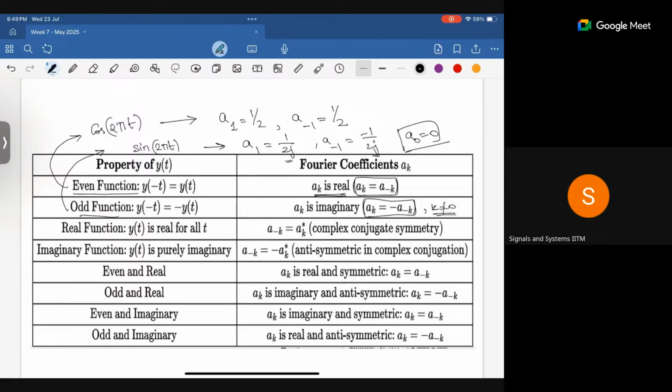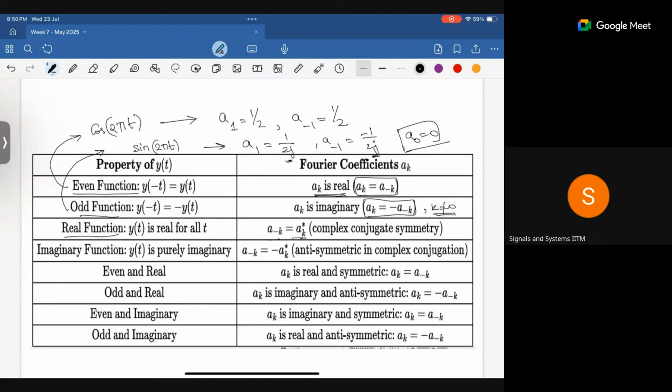Okay, so like that, if my signal is real, then a minus k will be ak star, right? Both cos 2 pi t and sin 2 pi t are real signals. You can cross check: a1 is the complex conjugate of a minus 1. Here also for sin 2 pi t, 1 by 2j and minus 1 by 2j are complex conjugates of each other.